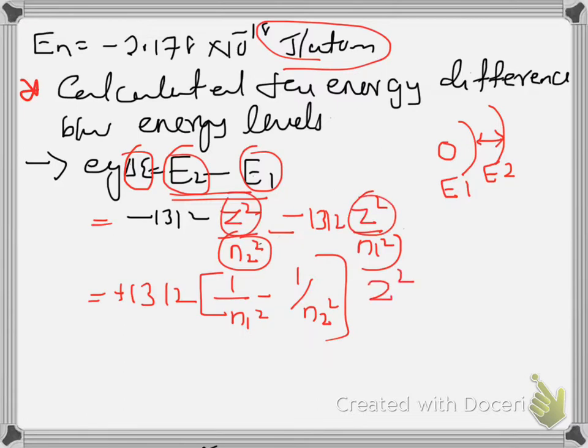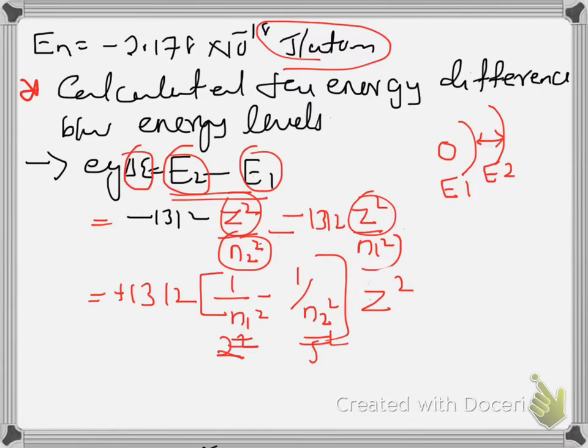It is not 2 square, it is Z square. N1 is the lower energy level and N2 is the higher energy level. If you have to calculate the energy difference between 5 and 2, then here you write 2 square, here you write 5 square. Depending on the question, you have the choice of N1 and N2.